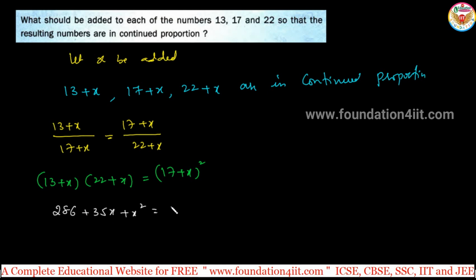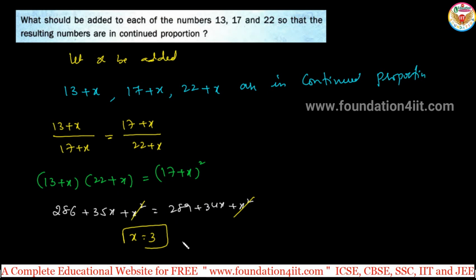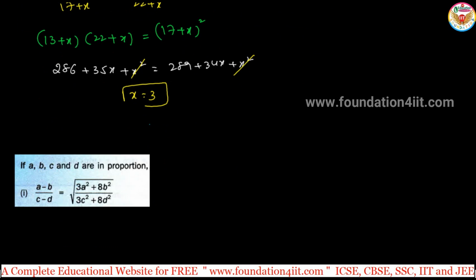On the RHS, a plus b whole square formula, so 289 plus 34x plus x square. Cancel x square on both sides. Take x terms to one side and simplify, you get x is equal to 3. Right, 34x take to the left side, 286 to the right side. So the x value is 3. This is the way to find what should be added. If they mention what should be subtracted, you can take the minus sign. Okay, I'm not going through that sum.